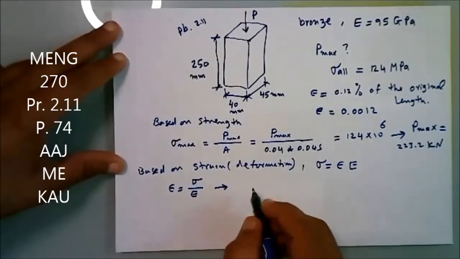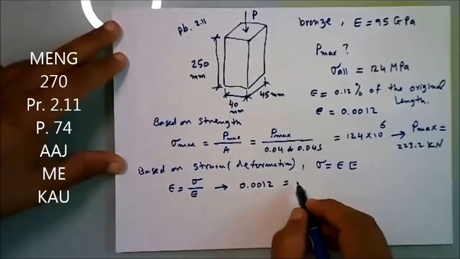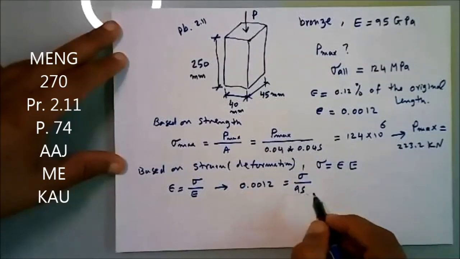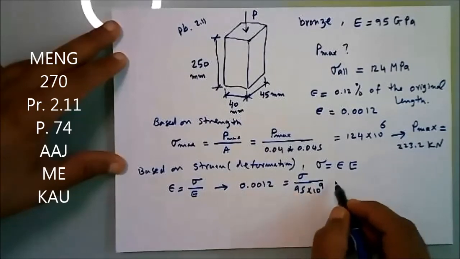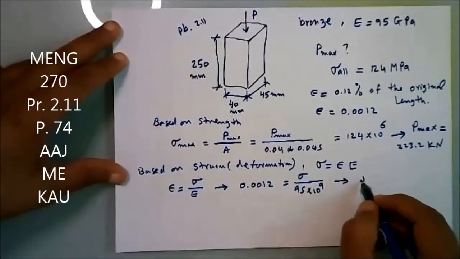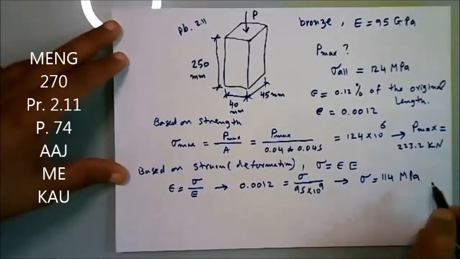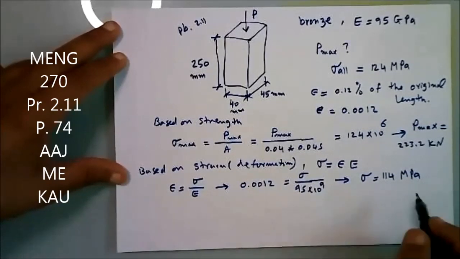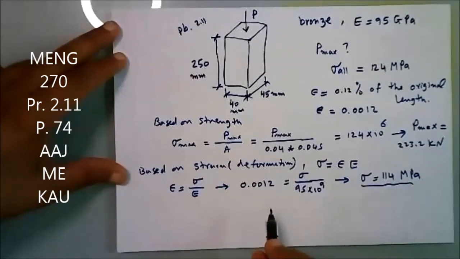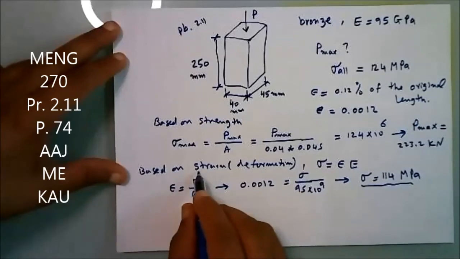Now, if we apply here, 0.0012 is equal to sigma over 95 times 10 to the power 9, which is E. Thus, we have another sigma here, which is 114 megapascal.